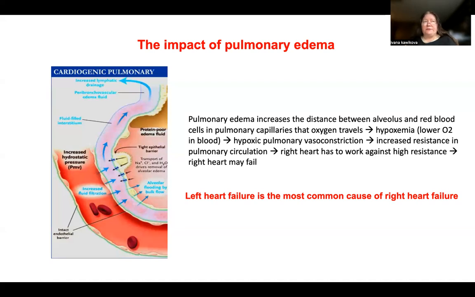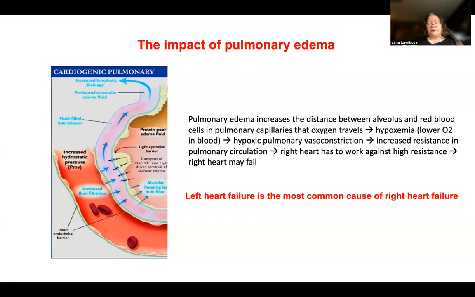So this is a physiological mechanism that is assuring that the areas that are well ventilated get a significant amount of blood flow, but the areas that are not properly ventilated, from those areas, the blood flow is redirected to better ventilated areas.